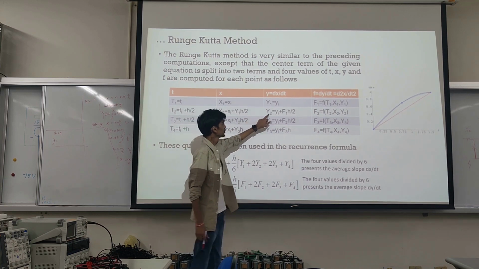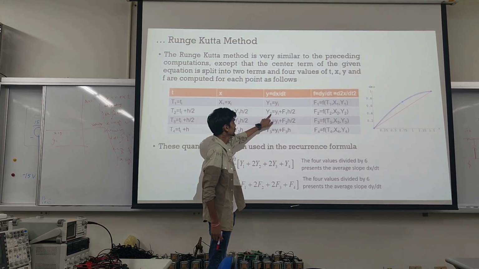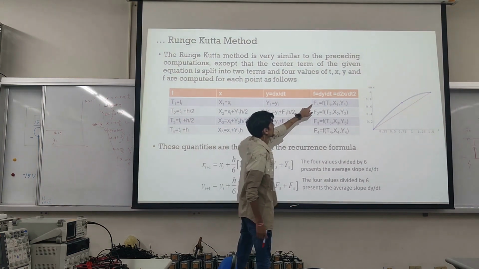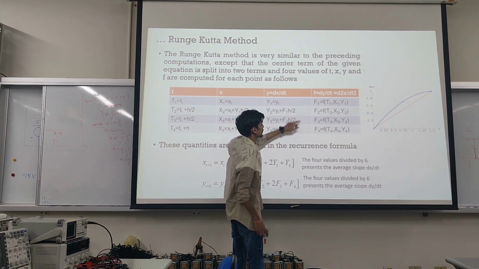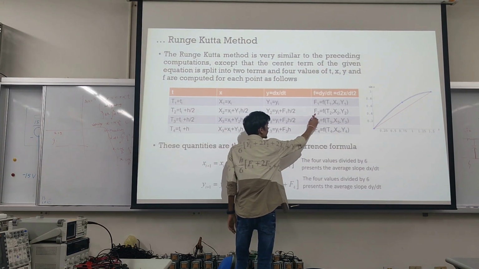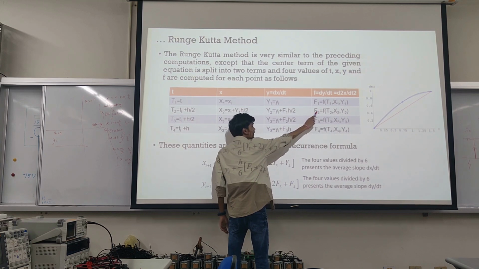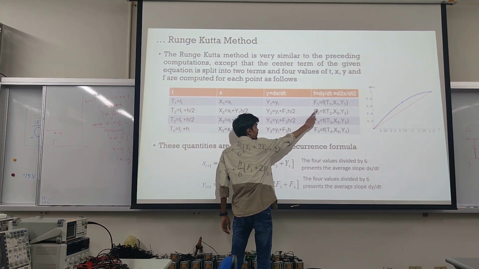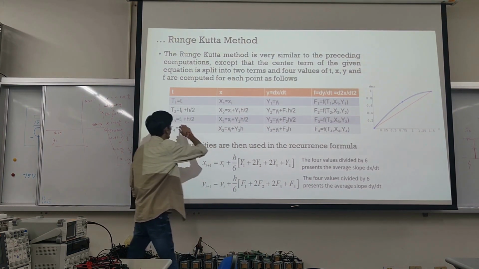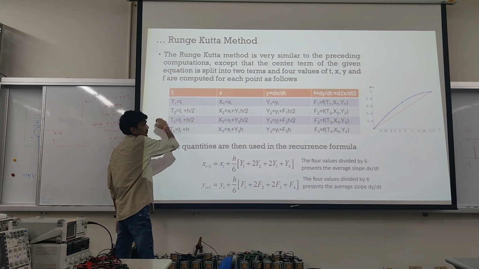So the velocity at the first middle step we get from the acceleration of the first step. Then after that, we get the acceleration at the first middle step, so we will get all the terms for the first middle step.